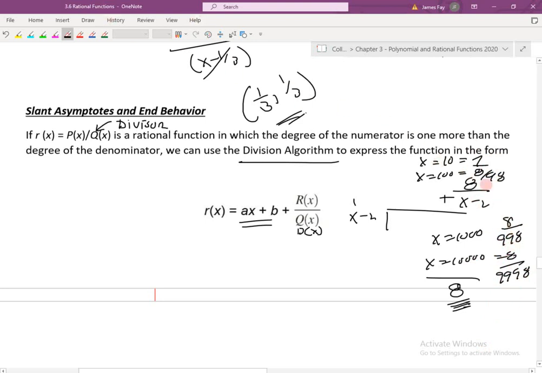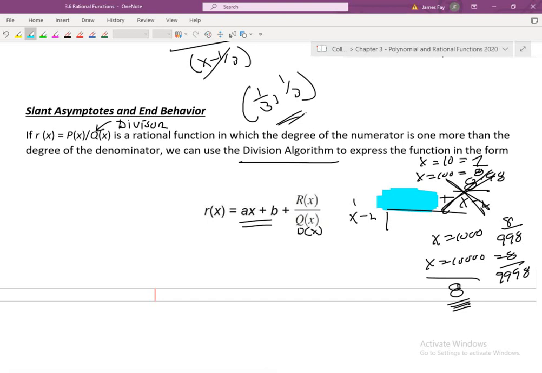So when that's going to 0, the remainder is unimportant to us. It's negligible in regards to what this graph is doing. That means whatever this part was here, which is our quotient, is the thing that dictates what our y values are doing in the long run.